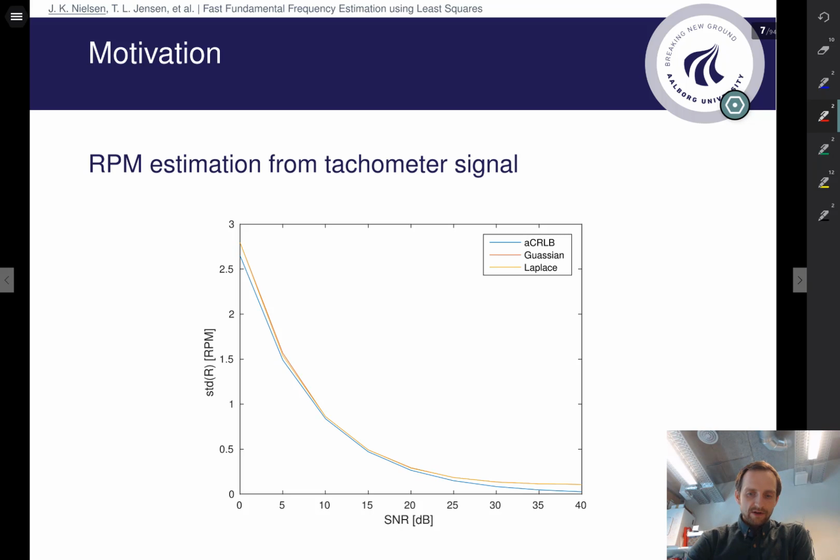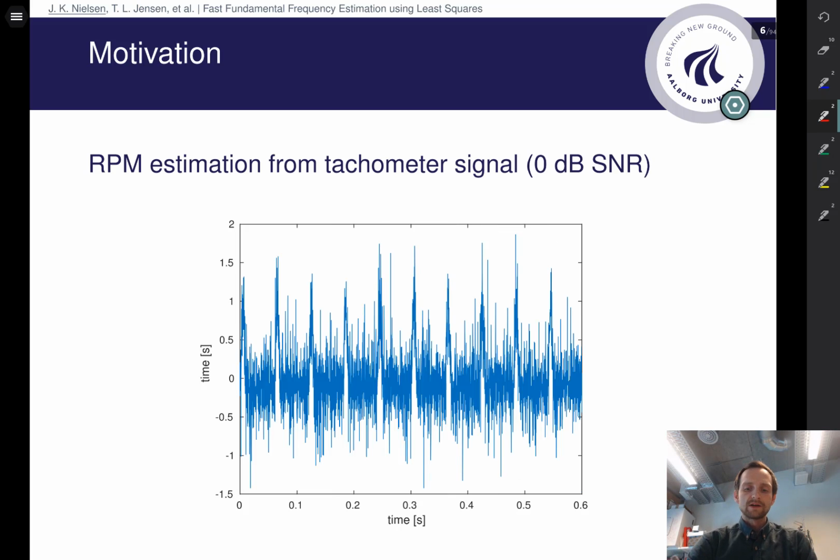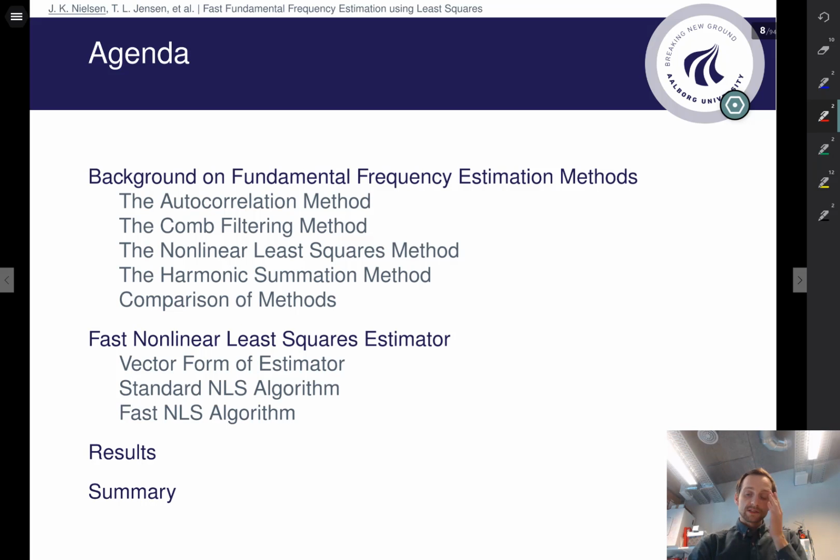And the red and the orange curves are the least squares estimators for different additive noise realizations, so for Gaussian noise and for Laplacian noise. And you can see that we basically get down to the bound. So it is in fact possible to accurately estimate the rotation speed of an engine from a noisy signal like this. In the rest of this presentation, I will go through how this is done.